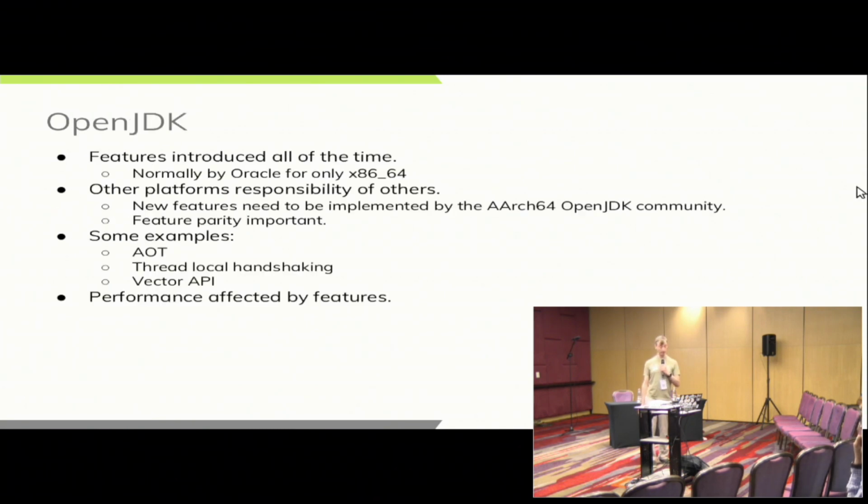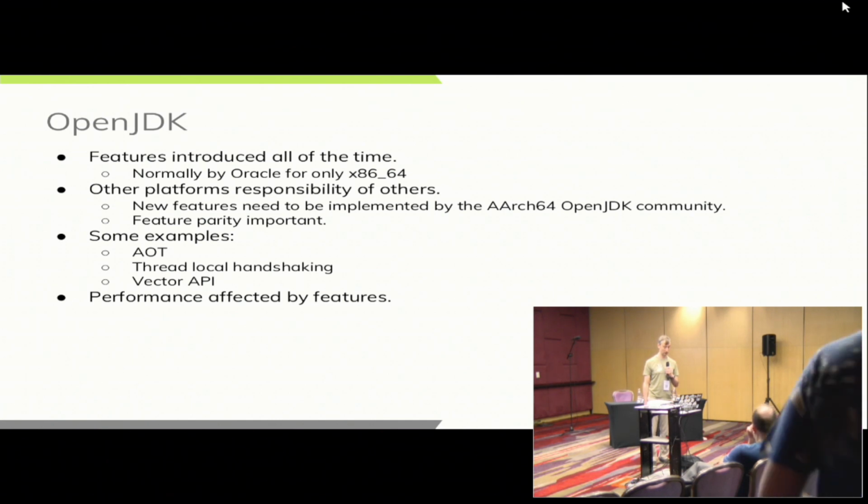But before continuing that, why am I here? When features are introduced into OpenJDK, if there's hardware-specific implementations, it tends to be done only on x86_64 by Oracle. Other platforms need to be done by other people, and of course, myself working for Linaro and such like, I've taken upon myself to do ZGC.